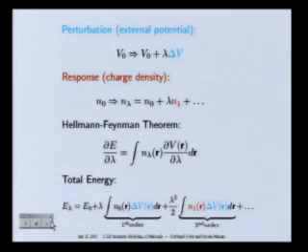But we can think of this n lambda as being expanded in a power series in lambda. So the new n lambda is going to be given by the original ground state charge density plus a term that we call the linear response, that is of first order in lambda, plus a term that is a second order response, plus a term that is third order and fourth order, and so on and so forth.